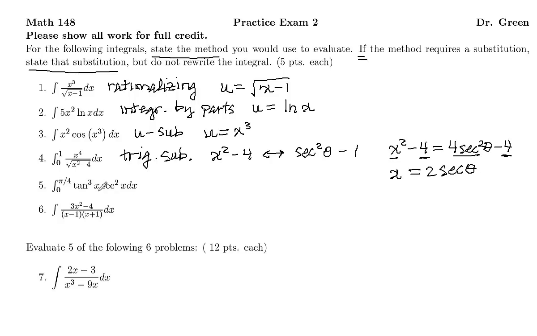And then on number 5, you don't have to do anything else there. Just state the substitution. Number 5, we got powers of tangents and secants. That is going to be a trig integral, which is a special type of substitution. So a trig integral is powers of trig functions. Here we see there's an even number of secants.